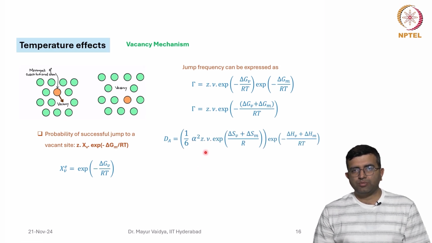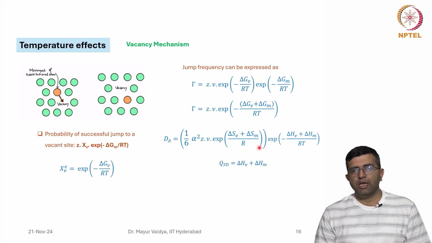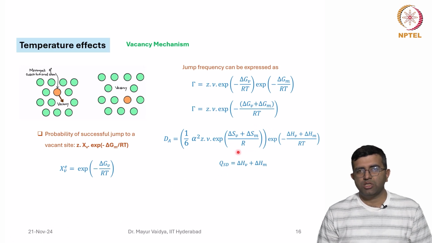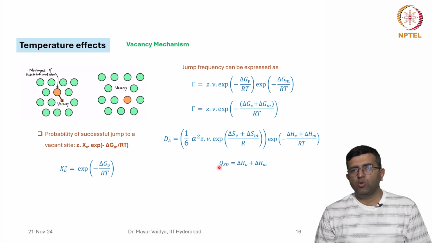And now, if we further separate each of these free energies into delta S and delta H, what we get is Z into nu into exponential delta SV plus delta Sm by R, multiplied by exponential of minus delta HV plus delta Hm by RT. And now comparing this with the Arrhenius equation, D equal to D naught exponential minus Q by RT, you get Q of SD.